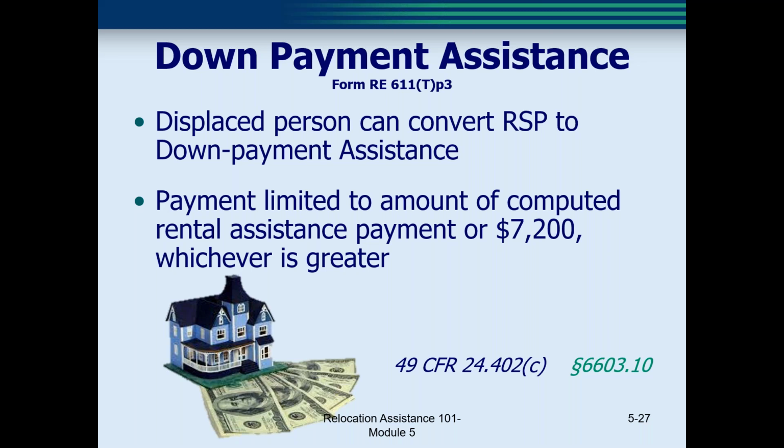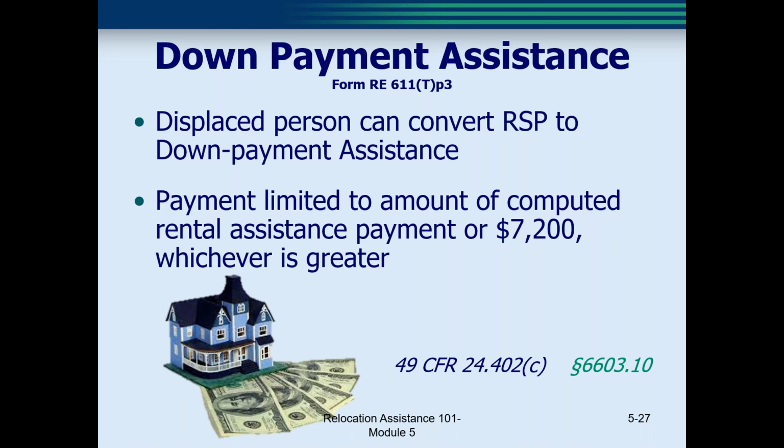If your computed rental assistance entitlement is less than $7,200, which again is the maximum amount until it goes into last resort, in Ohio we increase the payment up to $7,200 for the purpose of a down payment.